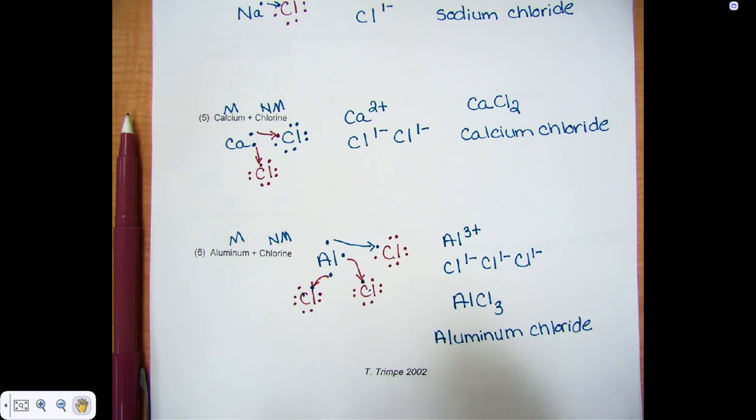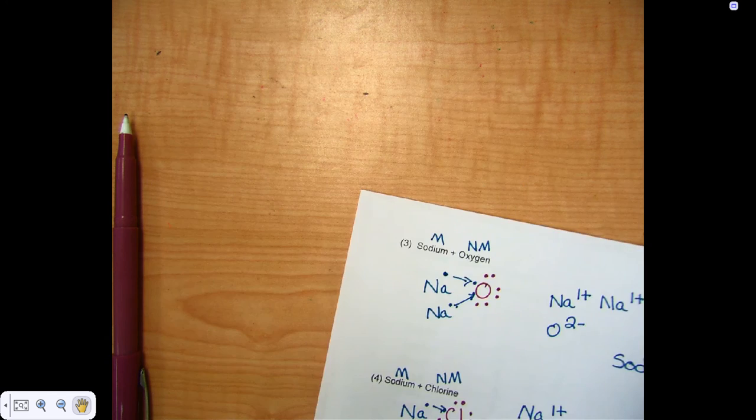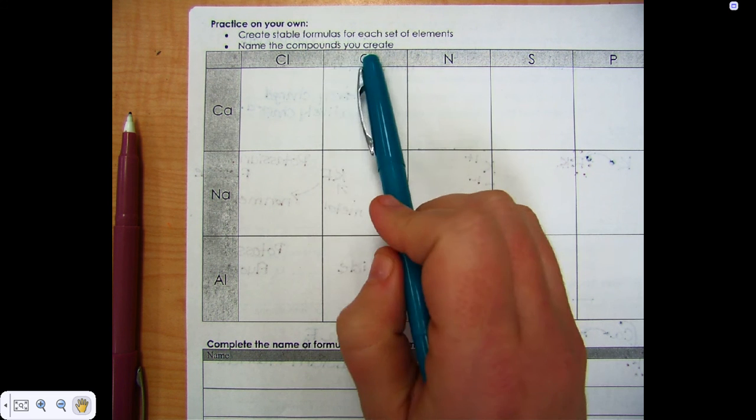Okay, so that's the notes for now. Now, the next thing I need you to do is I need you to go back to your sheet, and I want you to complete the back of the notes that we looked at earlier. It looks like this, and it's a grid. It says create stable formulas for each set. Name the compounds that you create.